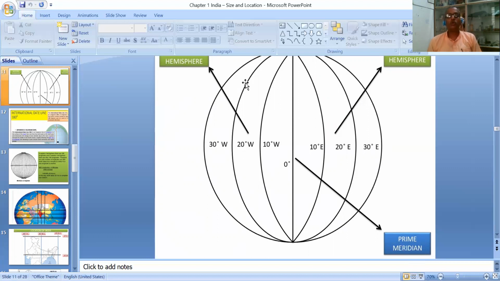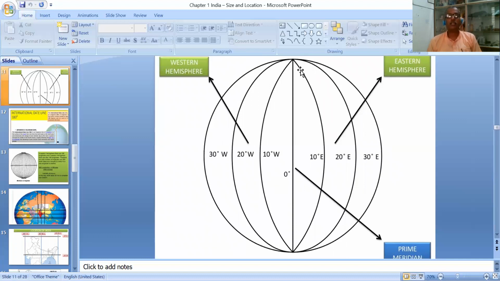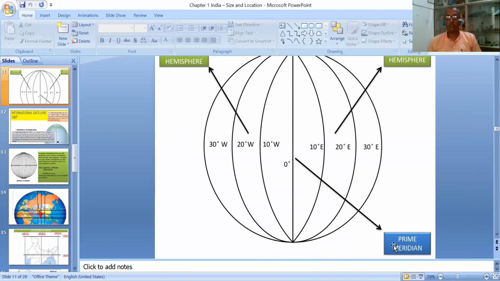When the earth is round in shape, which meridian do we consider as the first one? When this discussion went on, they decided that the meridian passing through Greenwich village would be considered the prime meridian, and we will use it as a base. Then all the other things we can work out. So the geographers decided to use the 0° meridian passing near London, at the place called Greenwich, as the prime meridian.